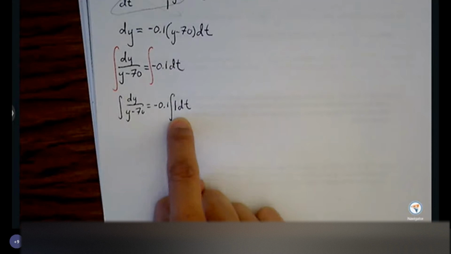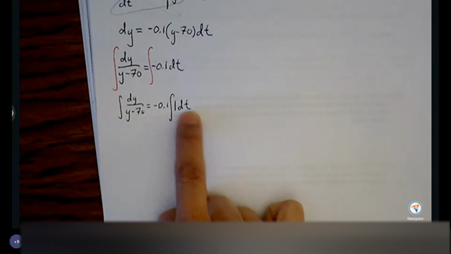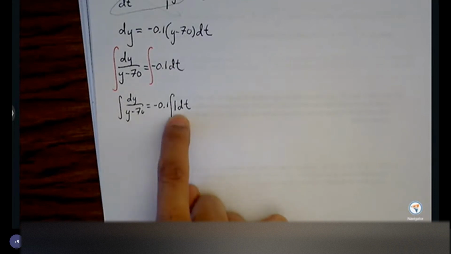Okay, so it looks like it's just going to be a simple power rule on the right side. I pushed that negative 0.1 out in front just to make it more obvious that it's just going to be the integral of 1 dt.